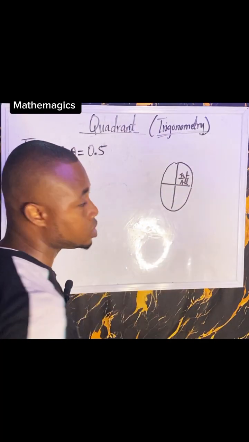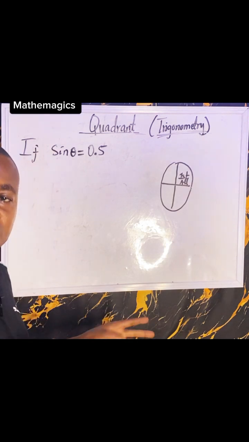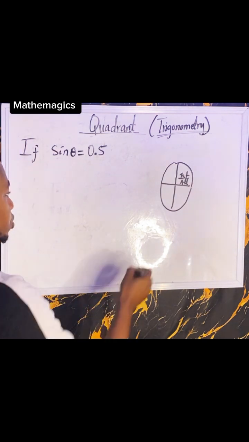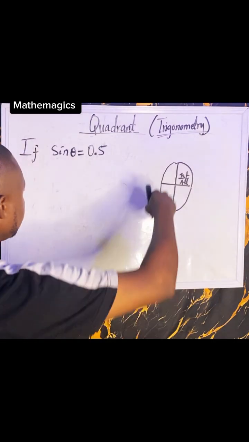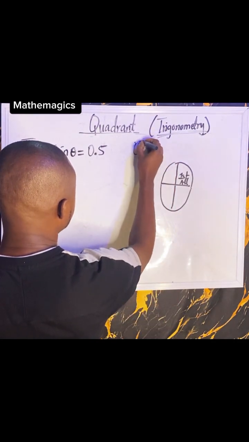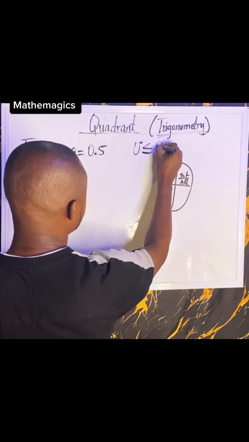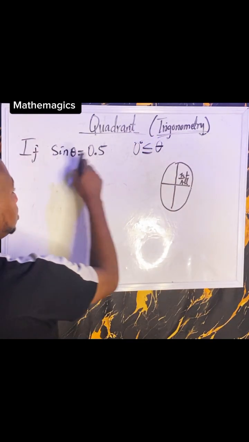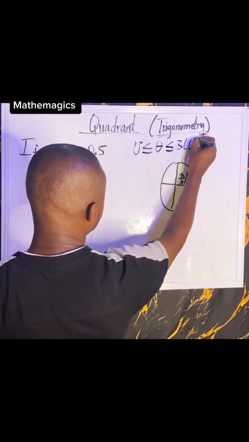So in this case, I'm going to extract the range to be from 0 down to 360 degrees, because that is what a complete circle gives us. Now we have 0 degrees is less than or equal to theta, then less than 360 degrees.